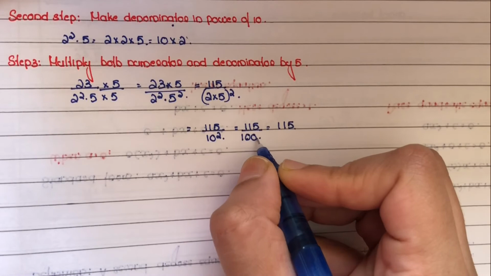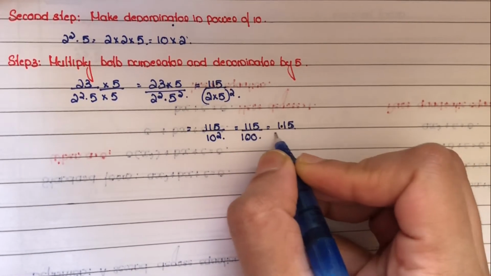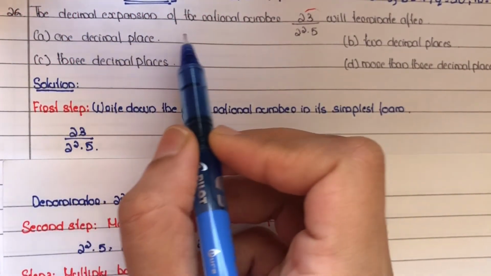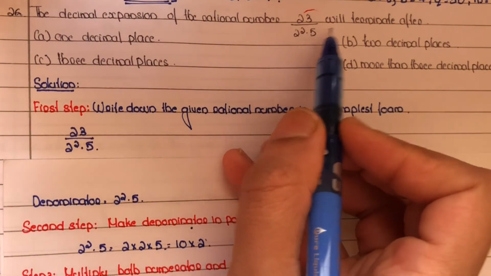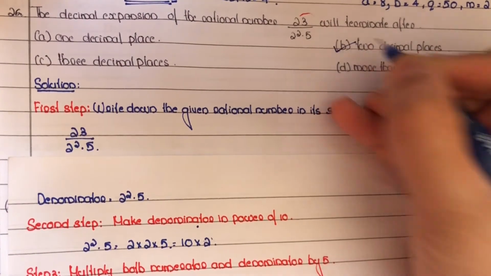Here after the point, 2 digits: 1, 5. The decimal expansion of the rational number 23 by 2 raised to 2 into 5 will terminate after 2 decimal places. Answer is option B.